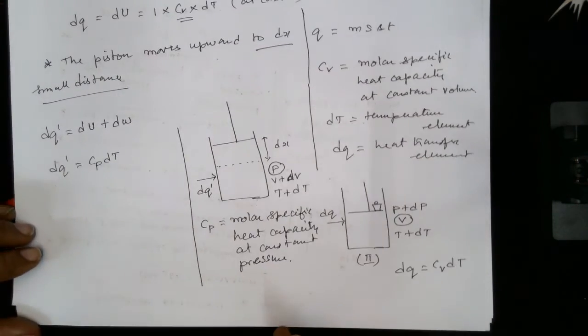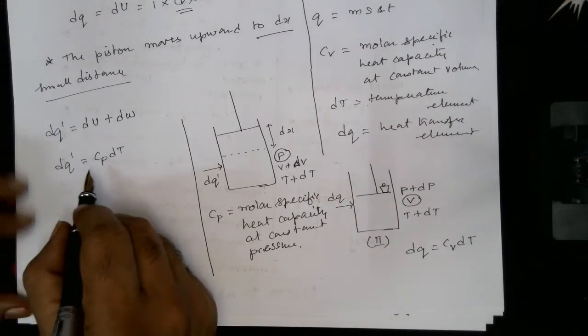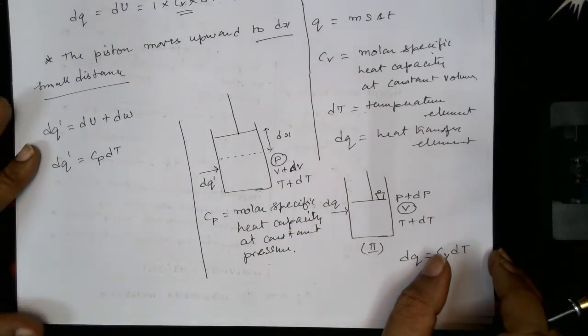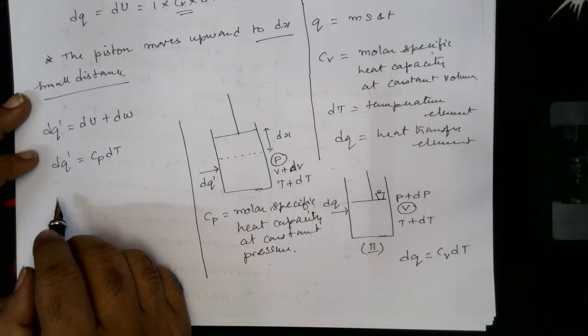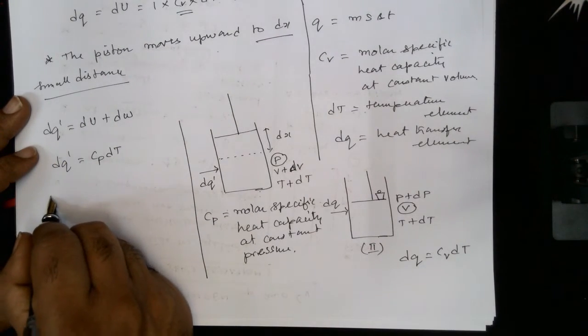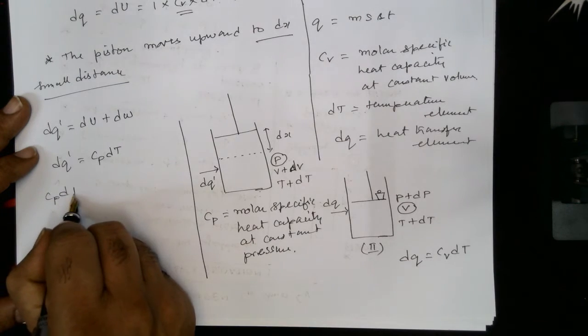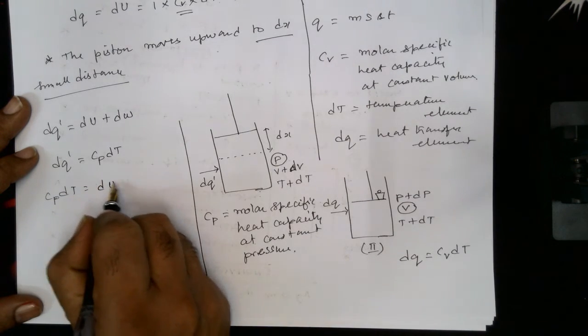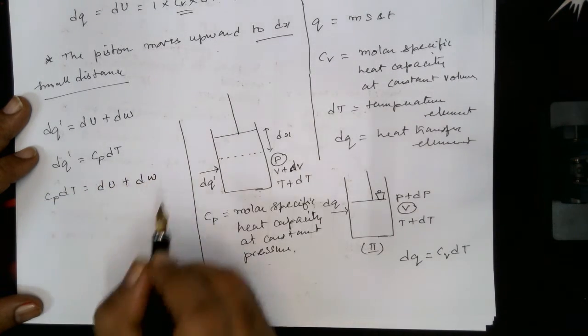Okay. Now we have another equation, dq dash is equal to Cp dt. So here I can substitute this Cp dt is equal to du plus dw, is it not?